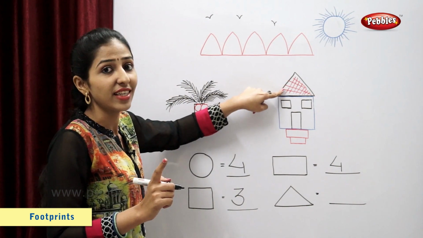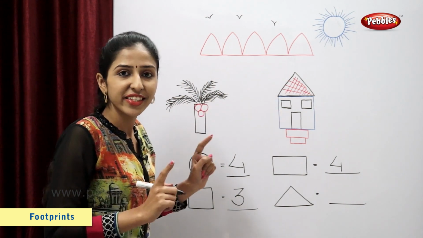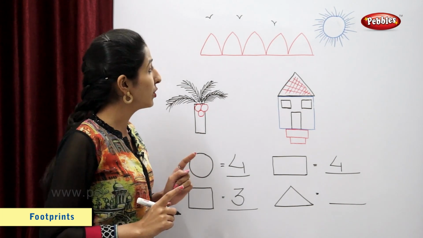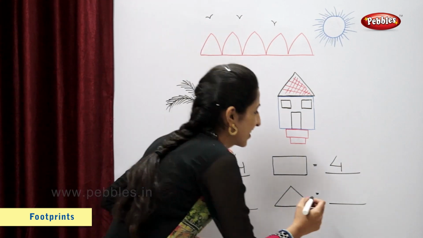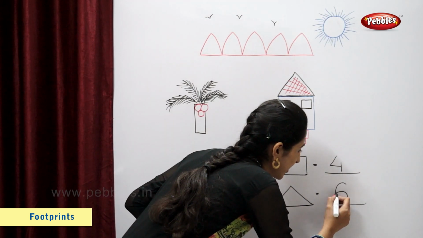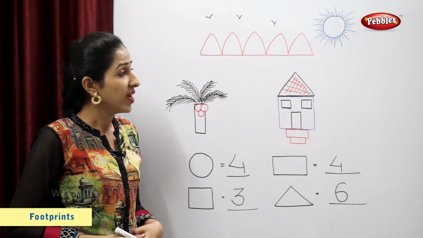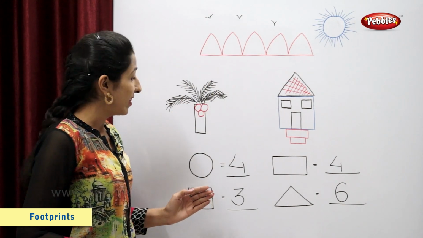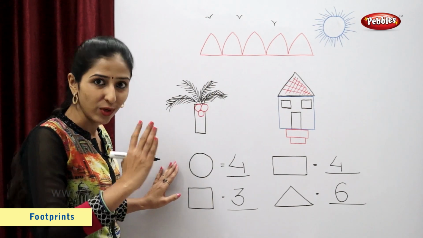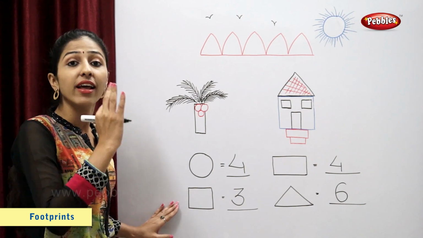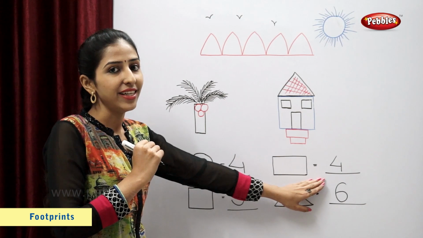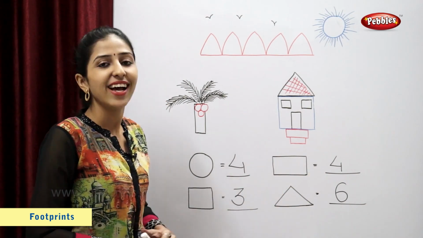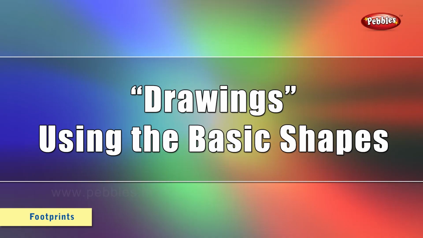This is a triangle. So, 6. So, there are a total of 6 triangles. So, in this scenery, there are 4 circles, 3 squares, 4 rectangles and 6 triangles. Drawings using only the basic shapes.